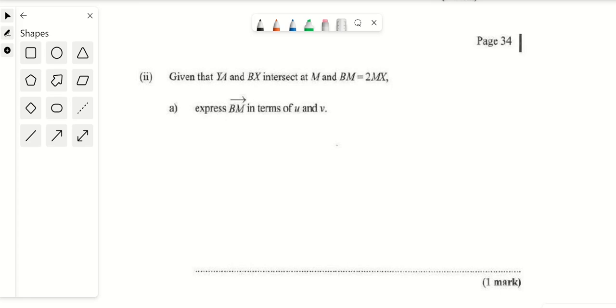Express BM in terms of u and v. So we already said that BM, the total length of that line, is equal to 2 paths, right? And we know BX, that is from B to X, is equal to 3 paths.